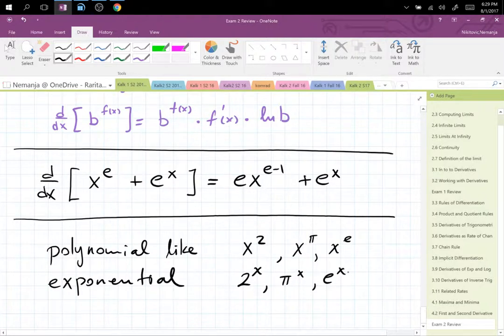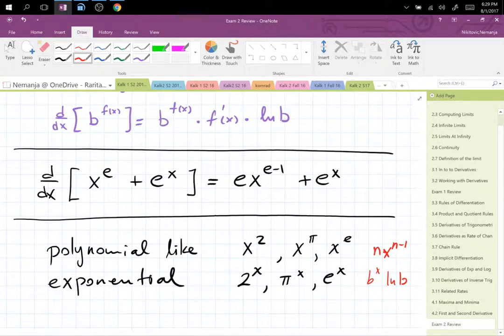Depending on where the variable is, if the variable is the base, it's polynomial-like, so the rule for that is n x to the n minus 1. And if it's exponential, it's going to be b to the x times ln b. So you have to distinguish between these cases.